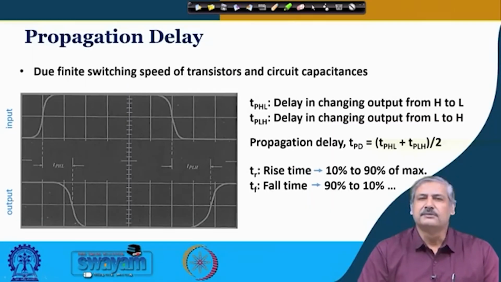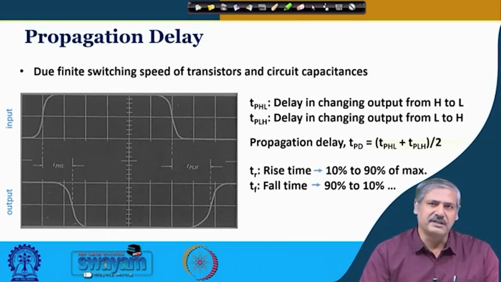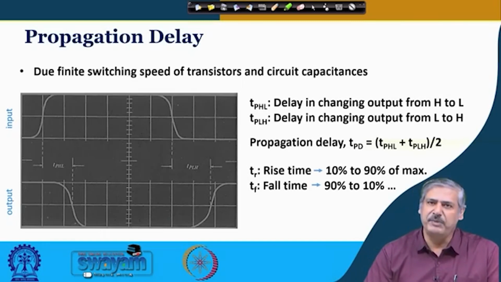To begin with, one of the performance metrics which we would like to discuss now is called propagation delay. Propagation delay occurs because of two reasons. One is finite switching speed associated with the transistor.